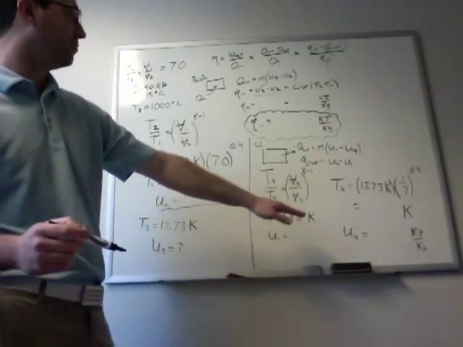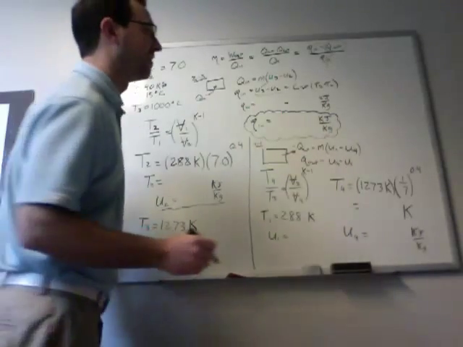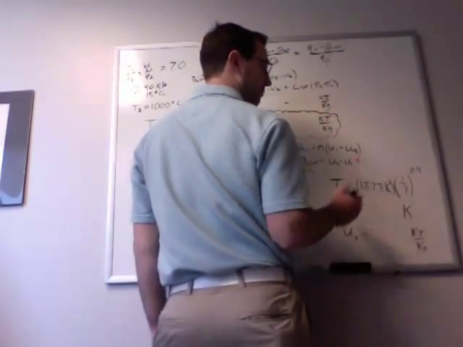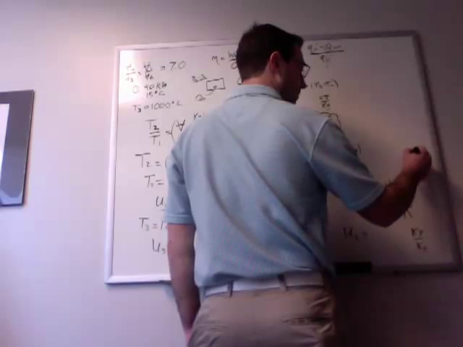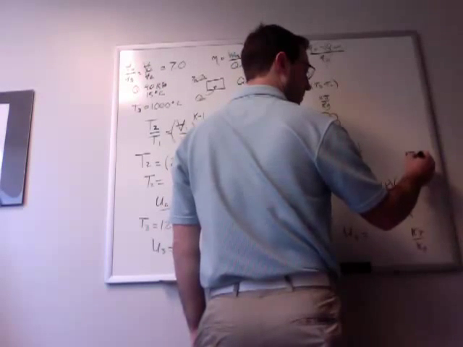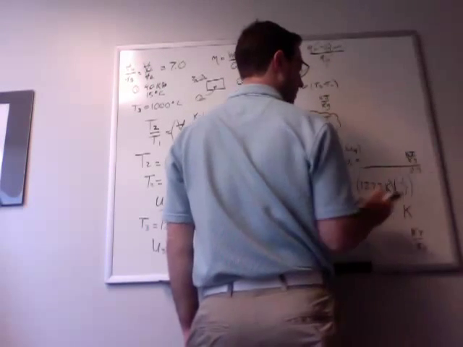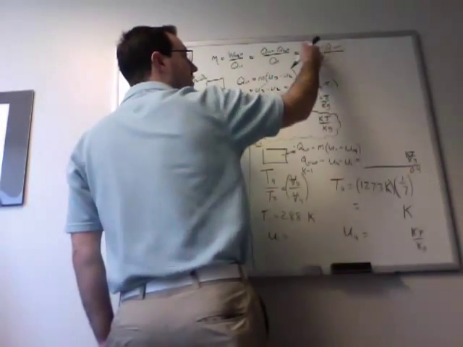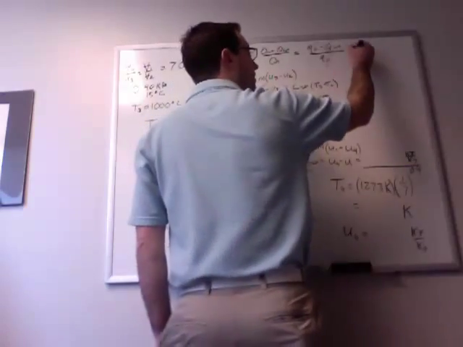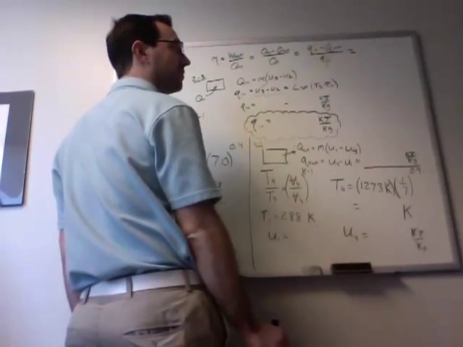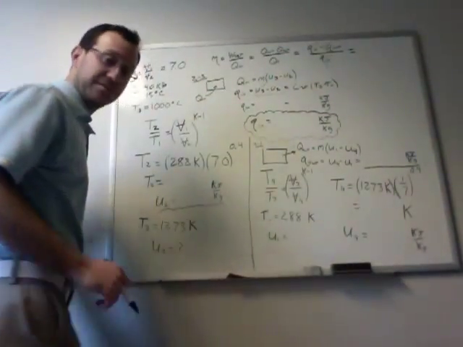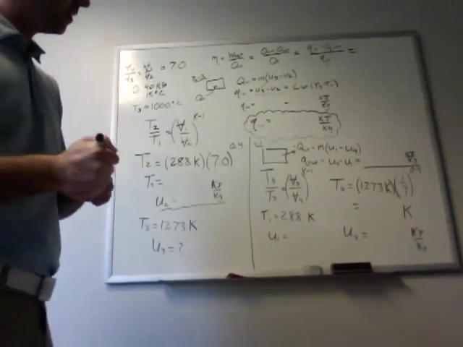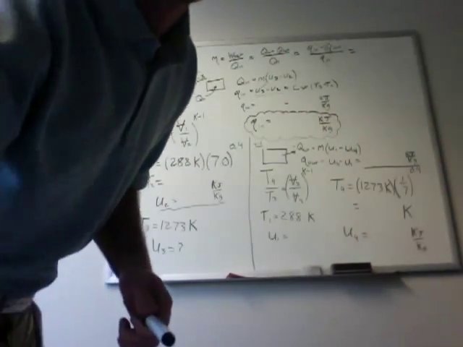So once I have U1 and U4, I'm going to have Q out. Once I have Q out, I'll bring that up here. I'll have Q in and Q out. So I'll have the efficiency. Alright, I'm going to do the calculations, get the properties, put them back in here, and come back on the next video.